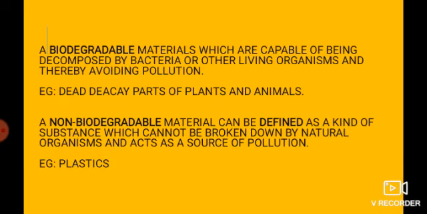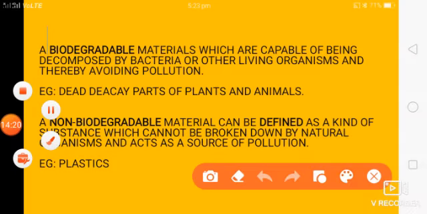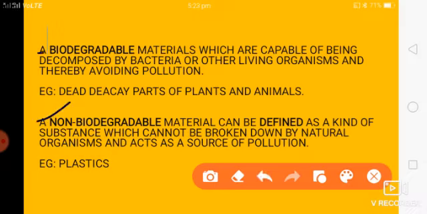Now we have two more topics that you have to learn. I have given the definitions. One is biodegradable materials and one more is non-biodegradable materials. Biodegradable. Degradable means which can be decomposed, biologically decomposed.